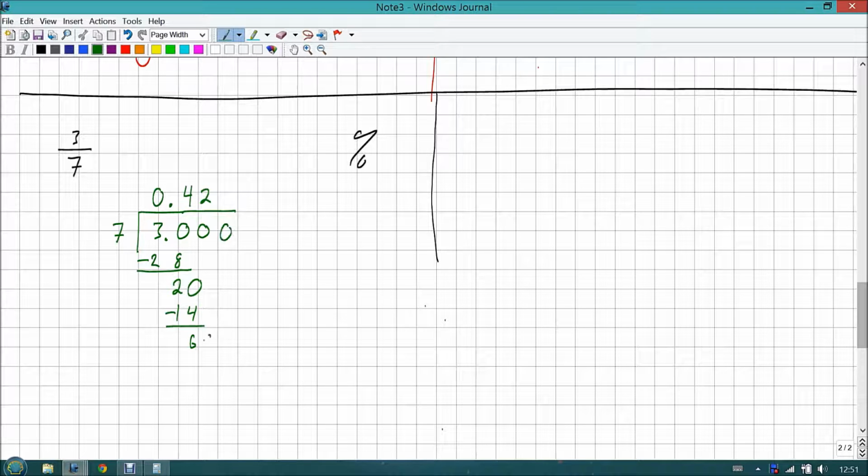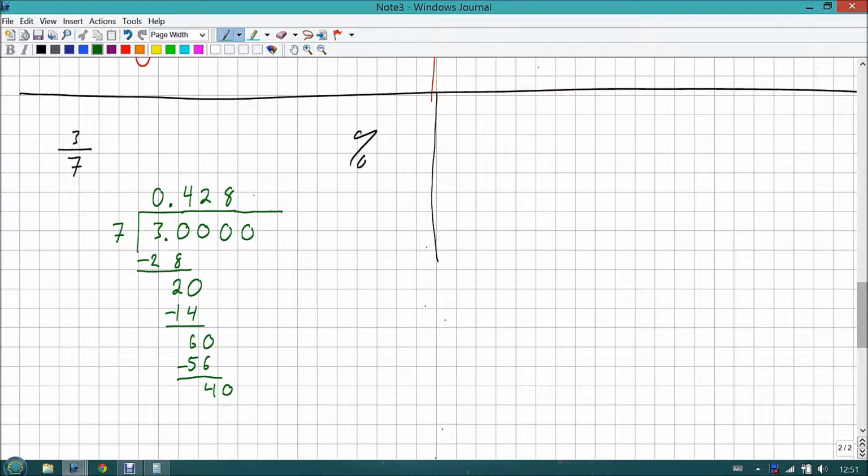New 0. How many times does 7 go into 60? Well, 10 times would give us 70, so 9 times would give us 63, so 8 times would give us 56. Another 0. How many times does 7 go into 40?